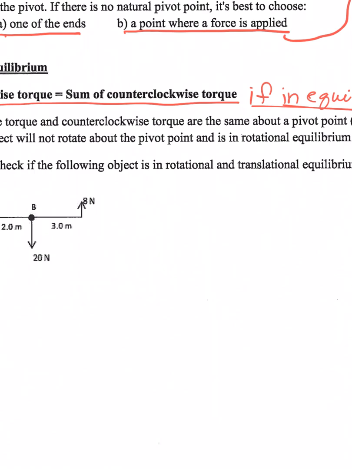Remember, at the end or at one of the points. It doesn't matter which one we pick. If we pick one of these as a pivot point, if it's stuck at A, can it go straight up or down? Can it go straight side to side? No. So it is in translational equilibrium. Do you agree?